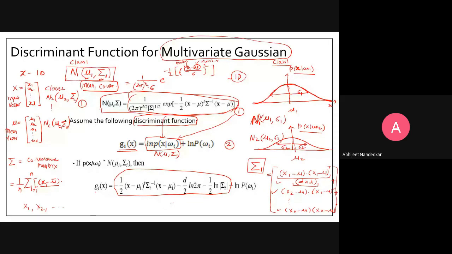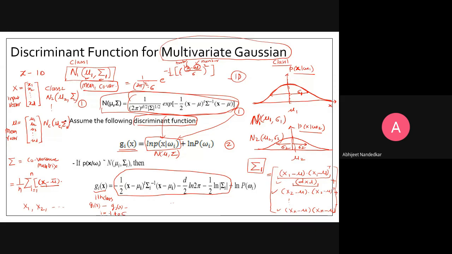So in general we are writing this for gi(x). i stands for the ith class. So g1(x) will be the function for class 1, g2(x) will be the function for class 2. As i changes from 1 to, say, C, that means I am talking about C different classes.